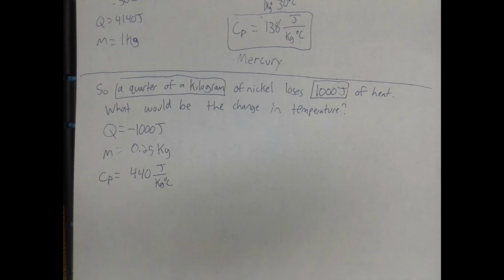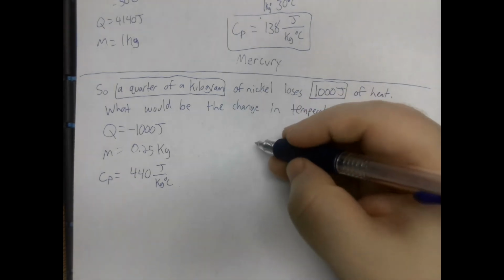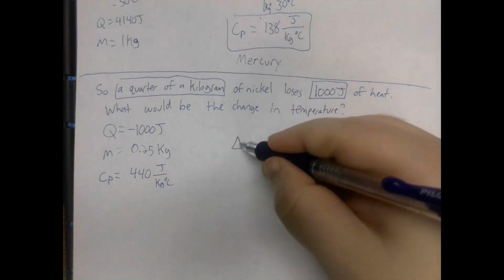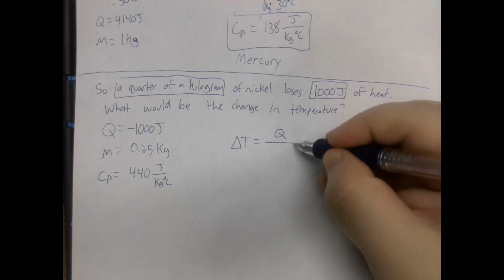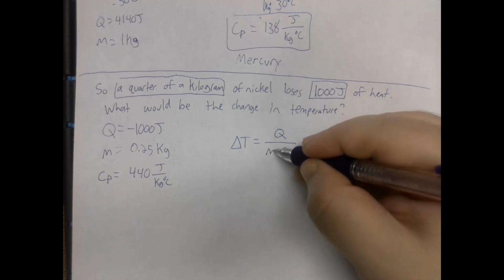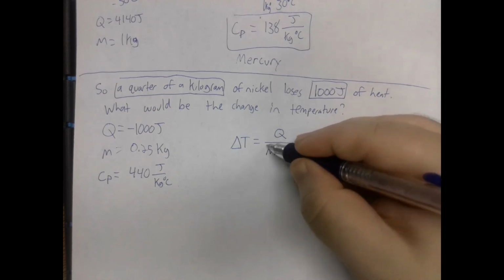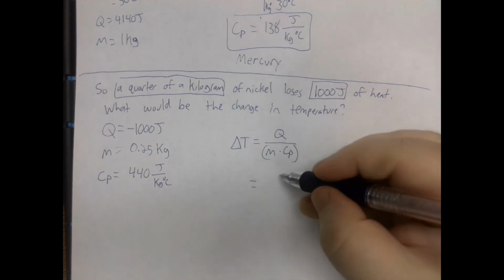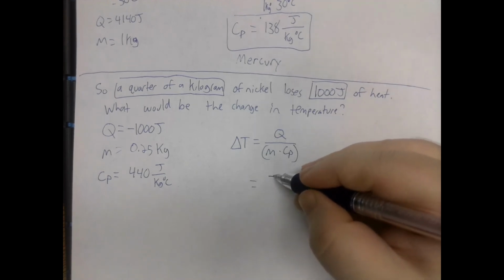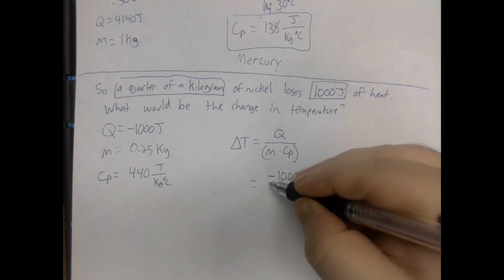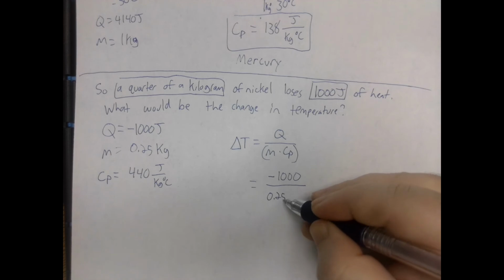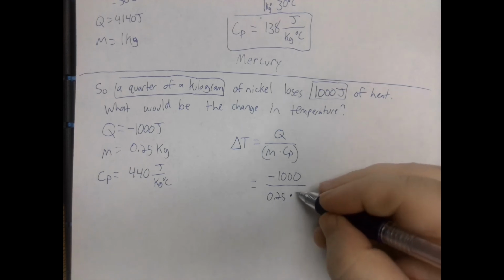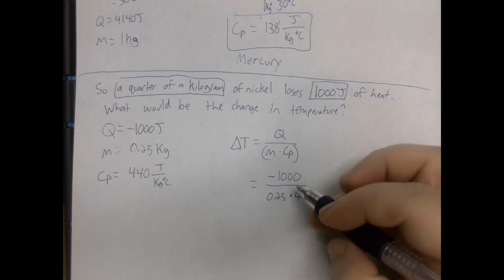And so the change in temperature is equal to Q divided by mass times Cp. So negative 1,000 divided by a mass of 0.25 times 440.